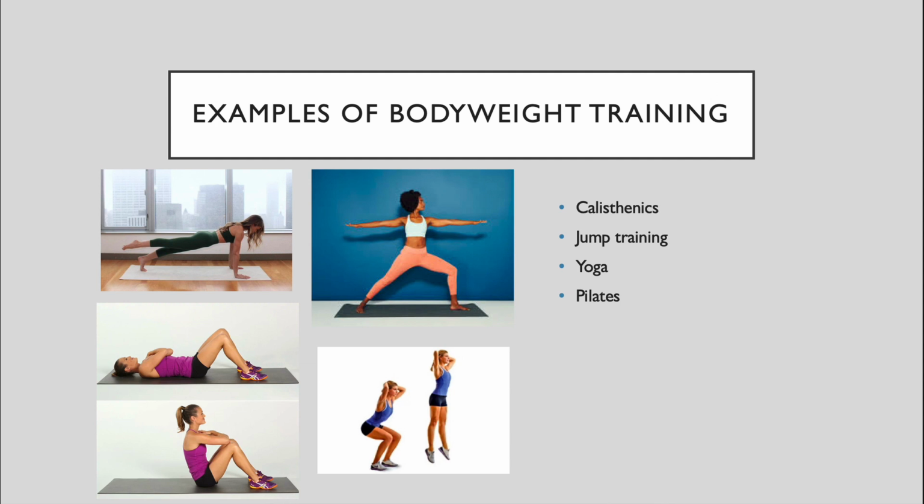So lower intensity type exercises could also be considered types of body weight training as well. So as you can see, it does cover a fairly large range of different types of exercise.